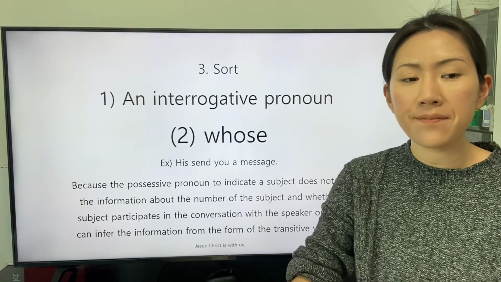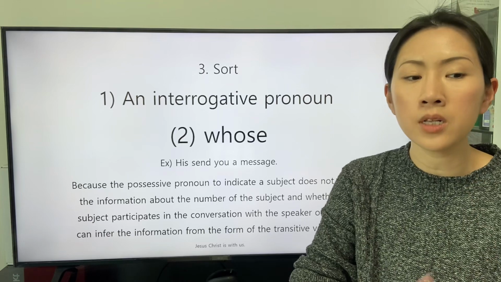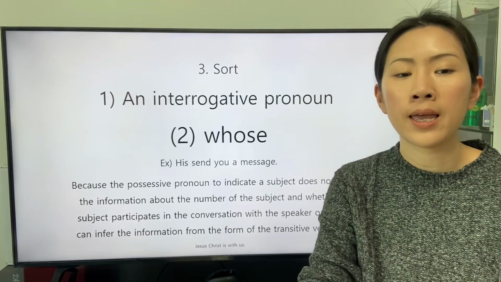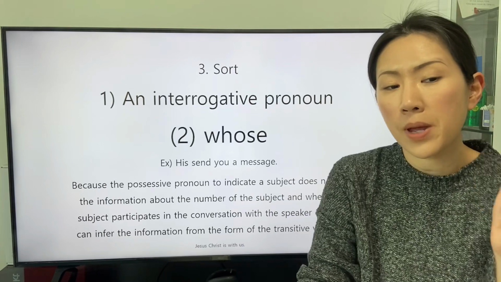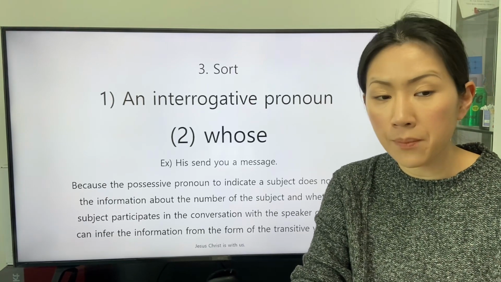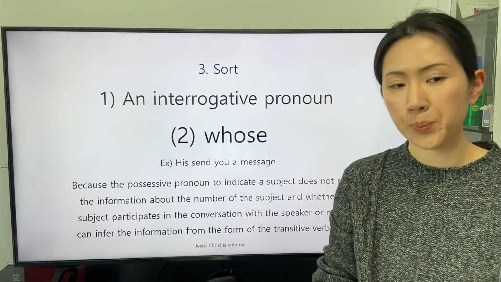Because the possessive pronoun to indicate a subject does not reveal the information about the number of the subject and whether the subject participates in the conversation with the speaker or not, we can infer the information from the form of the transitive verb send.